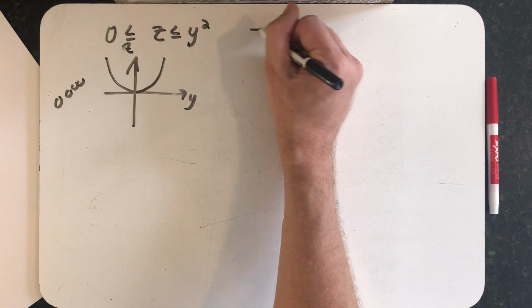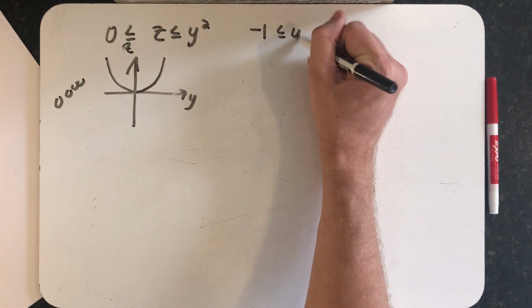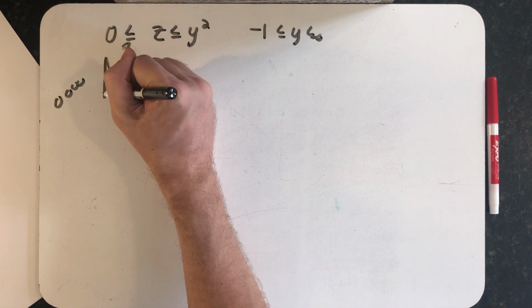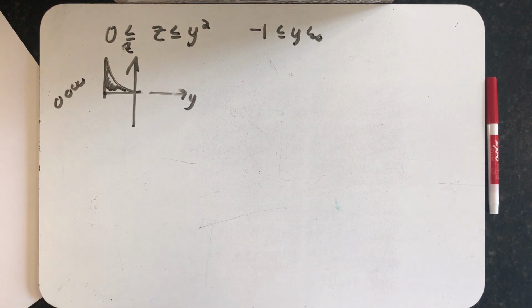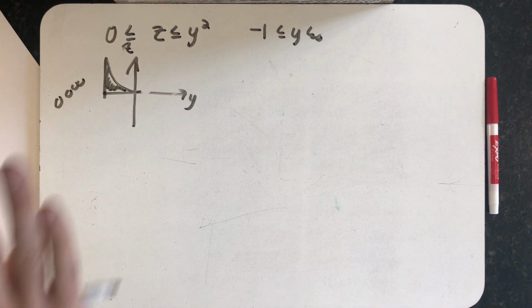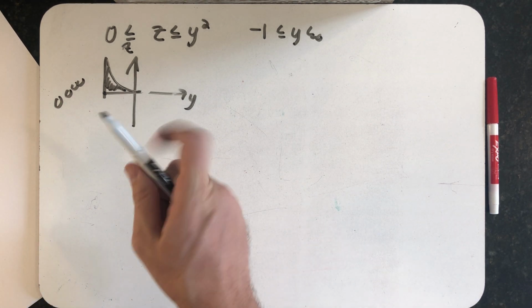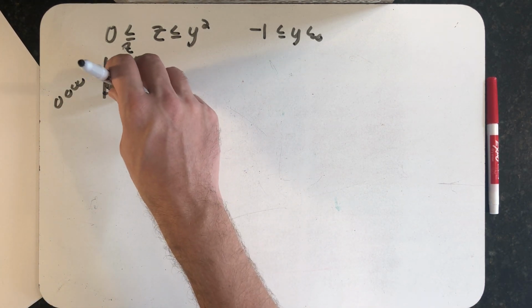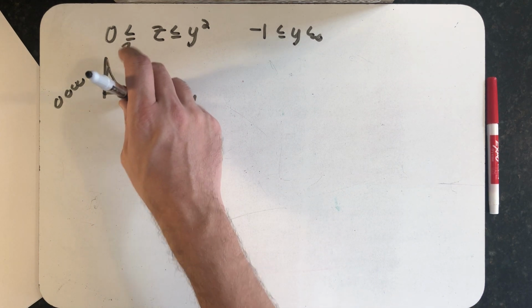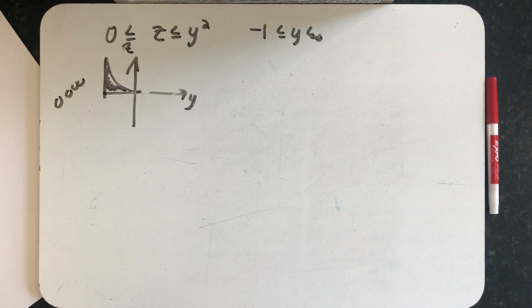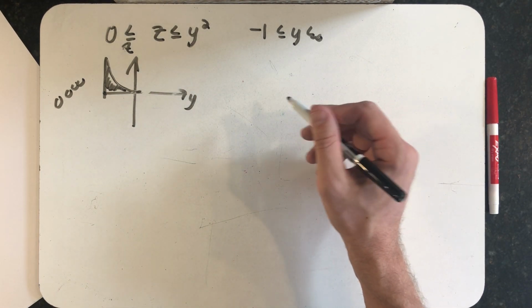I know that y is between -1 and 0, so it's really just this piece. Trying to sketch this graph, I already have the idea of what it would look like projected into the YZ plane. In this perspective, the x-axis is coming out of the board, and this would just stretch along that. So look at this like a little wedge-shaped area.